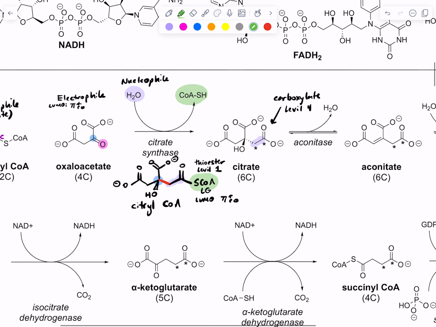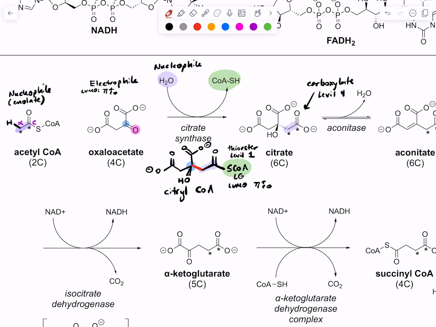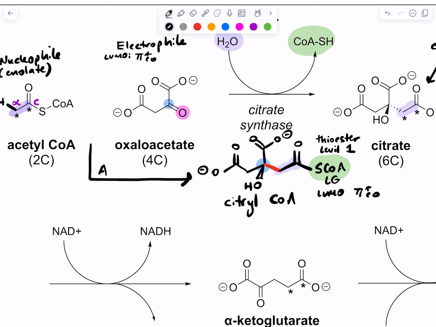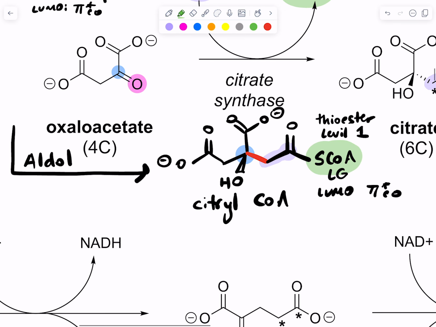Okay, so step 1 of the reaction for the citric acid cycle is actually 2 reactions. First, the reaction of an enolate with a ketone is called an aldol reaction. You've done a retroaldol reaction before. This is an aldol in the forward direction. You can tell that we've made an aldol product because starting with the thioester carbonyl carbon, there's an OH at the beta carbon, and beta hydroxy carbonyl compounds are aldol products.